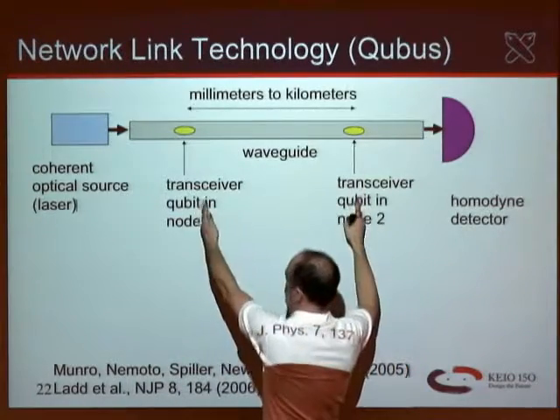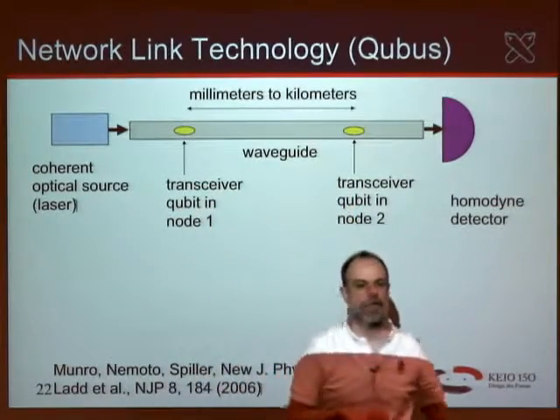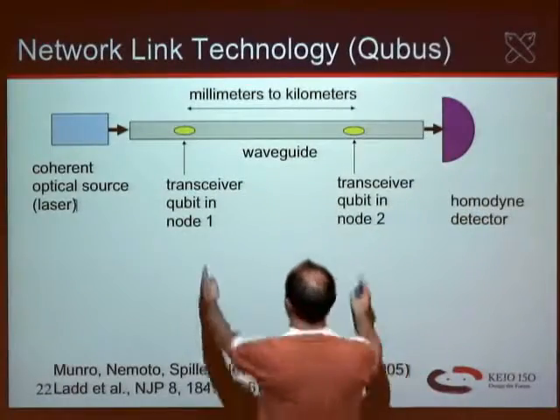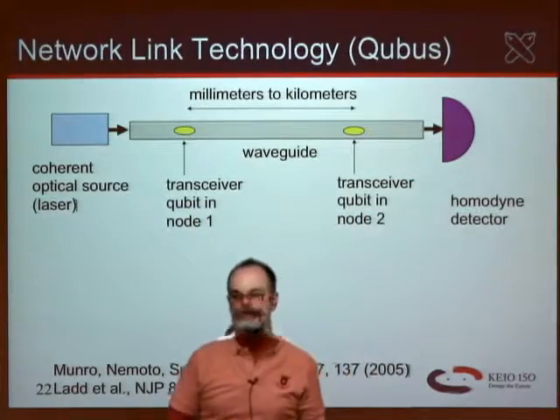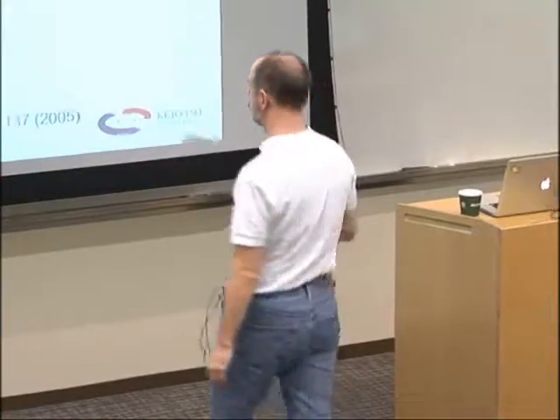So the distance here might be millimeters. It's effectively what we were using in the distributed architecture I talked about the other day. It might be kilometers. But the loss in this channel is still limited to a few dB, which is a problem in terms of implementation.